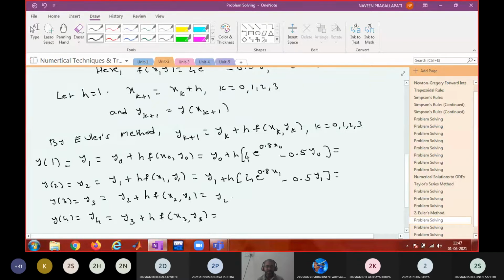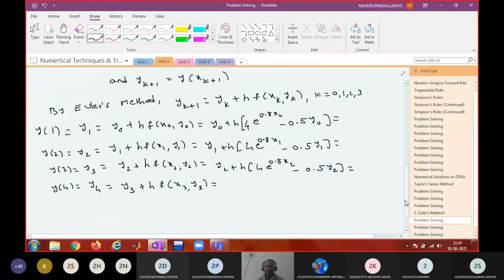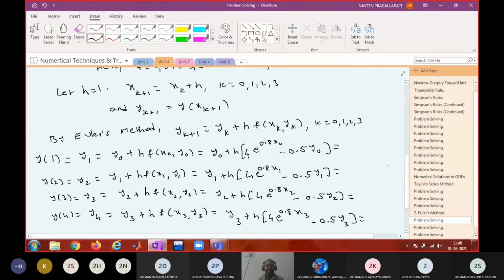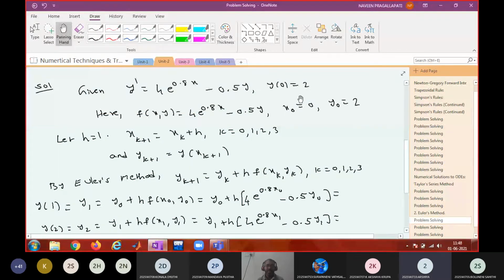So this is y2 plus h into 4 into e power 0.8 x2 minus 0.5 y2. y3 plus h into 4 times e power 0.8 x3 minus 0.5 y3. So initially x0 value is 0, y0 value is 2.